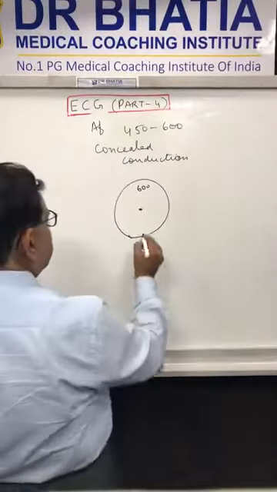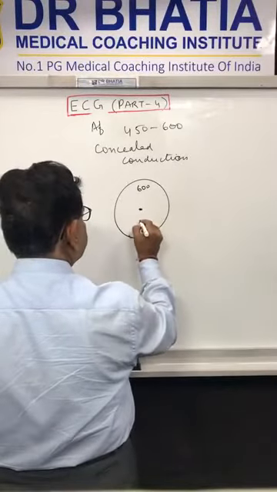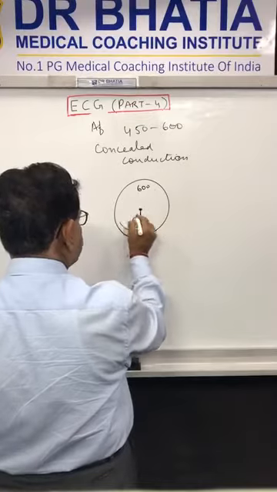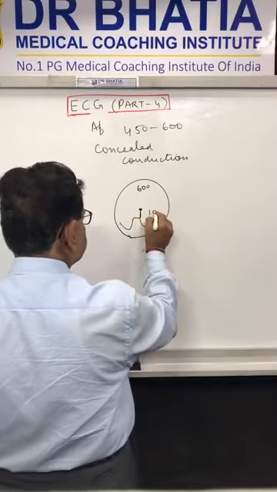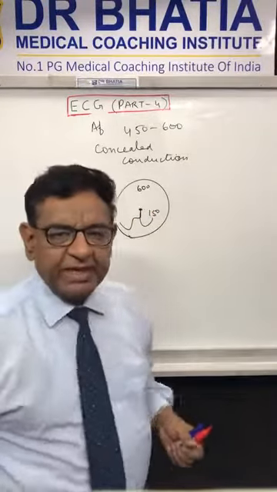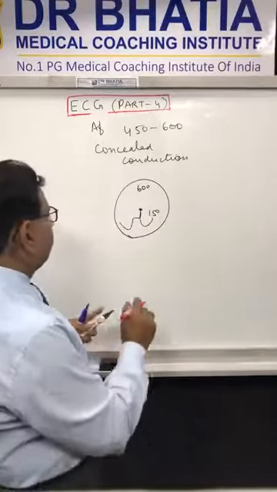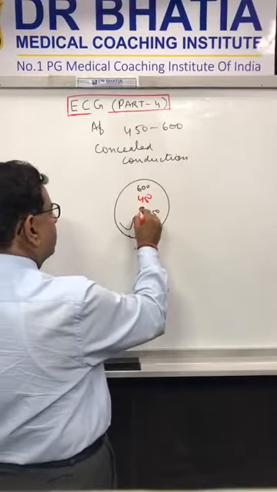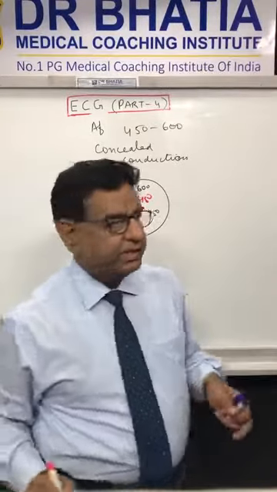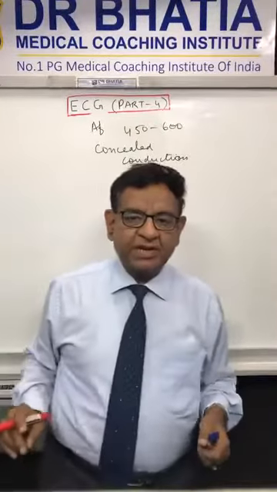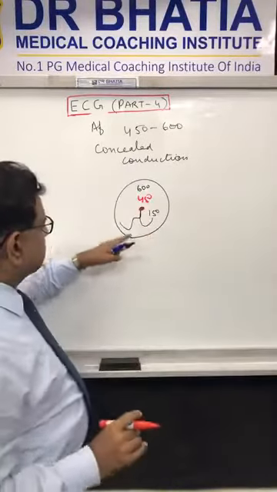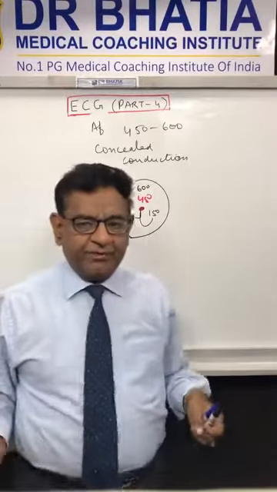So maybe most impulses come and only 150 impulses are sent down from the AV node. That means 450 impulses have been retained or blocked at the AV node, and this is known as concealed conduction.